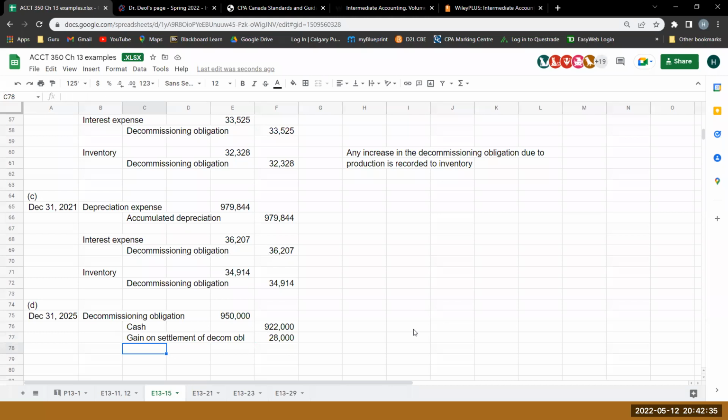Now, to answer Lisa's question about if we are not given numbers for the increase due to production, then there's really no way for it to be calculated, Lisa. This is something that companies calculate on an ongoing basis. When they bought the drilling platform, they would have done some geological survey and estimates of how much oil that particular platform was going to find.